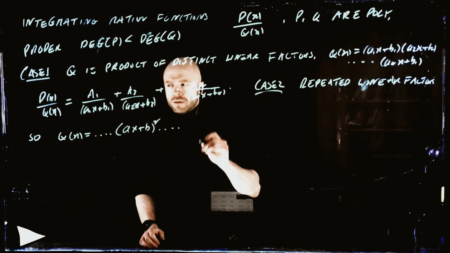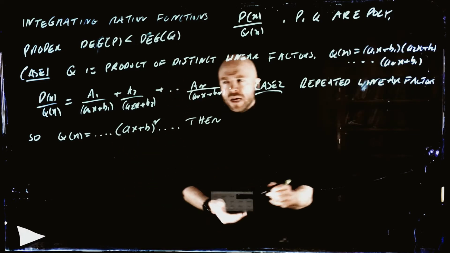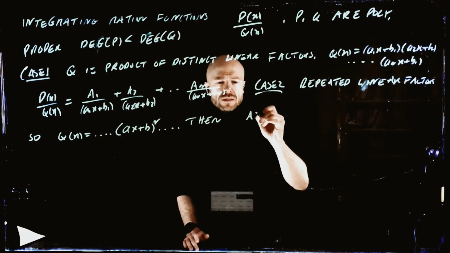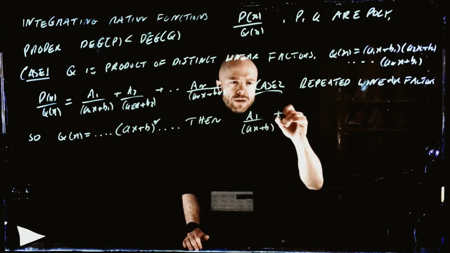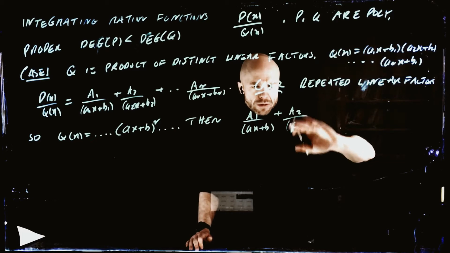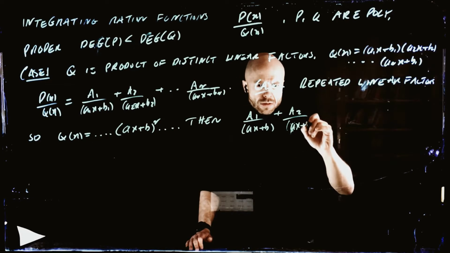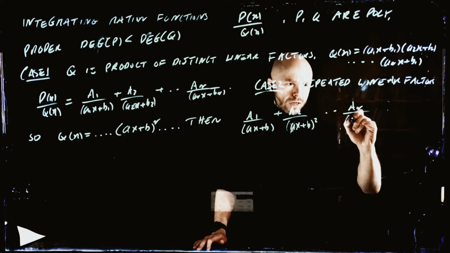Yeah? Then, in order to account for this (ax plus b) to this power, we have to put in the mix things like this: A1 over (ax plus b) to the power 1, plus A2 over (ax plus b) to the power 2, and so on, all the way up to whatever power we have with this repeated factor.